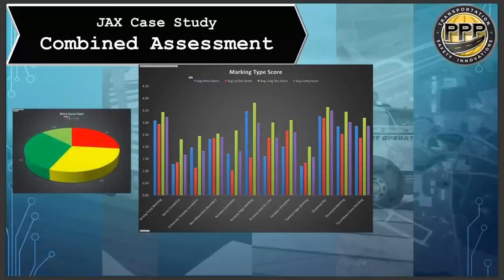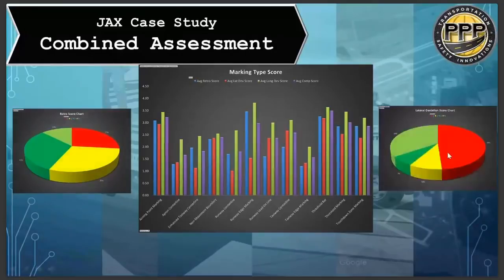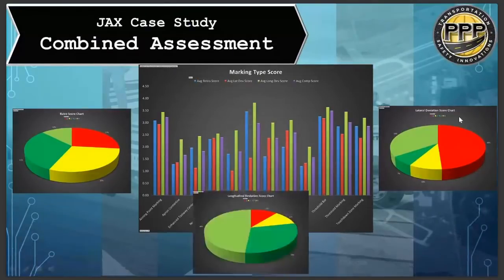Next is a breakout of the retro. This is a breakout of the lateral deviation. You can see nearly 50% actually failed in lateral deviation. There are a lot of problems that we could go over, what causes that and how we can fix that. Longitudinal deviation.